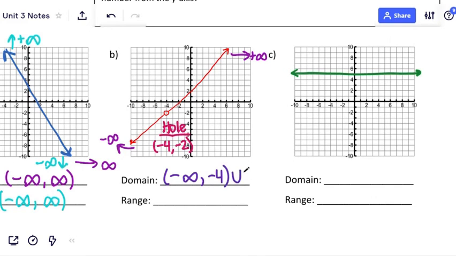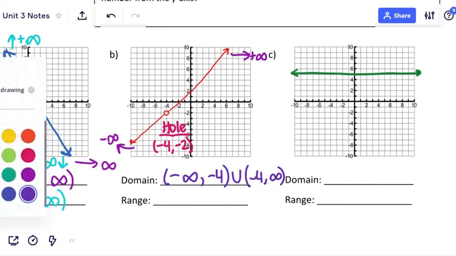I'm going to use this U to represent that I'm joining two parts of the range or the domain after -4, and then going forever to the right, to positive infinity. It looks kind of complicated, but all it's saying is that as I go from the left to the right, I'm going through every value from negative infinity, stopping right before -4, and then joining right back after -4 and going to positive infinity.